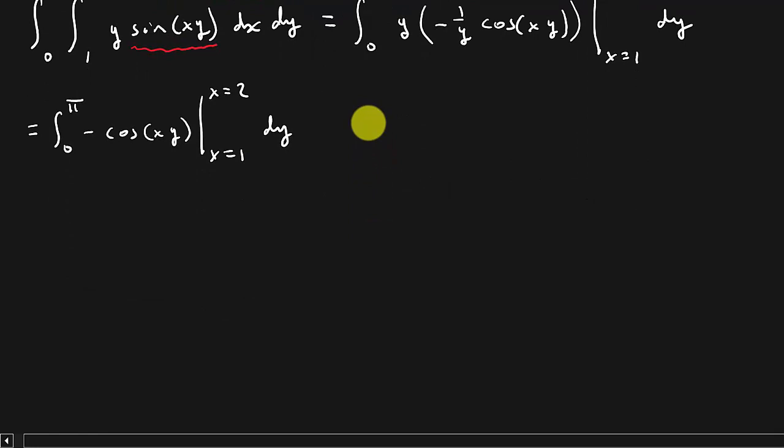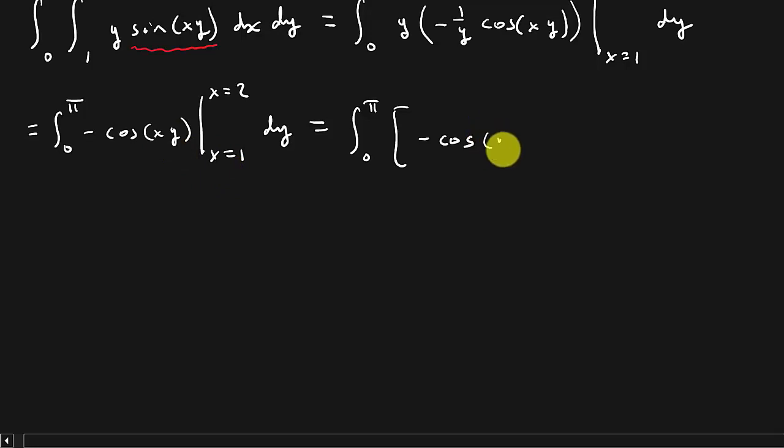All right, so let's see what we get here. I've got 0 to pi, so I've got negative cosine. Now I'm plugging 1 in for x.